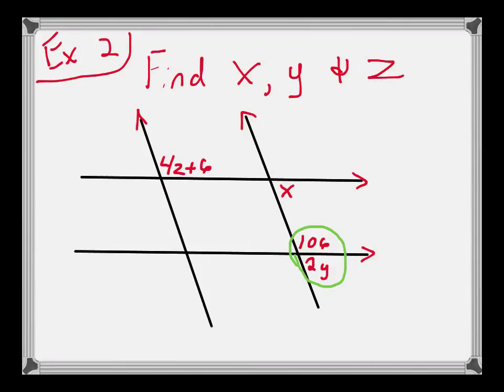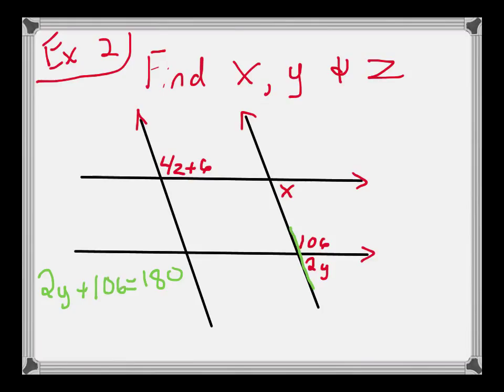Now, notice that these 2 angles down here, 106 and 2y, are supplementary. So what I want to do is set up an equation. Set them equal to 180. Guys, it's going to be key that you do this. Since these 2 angles are supplementary, they equal 180, I'm going to take 2y plus 106.